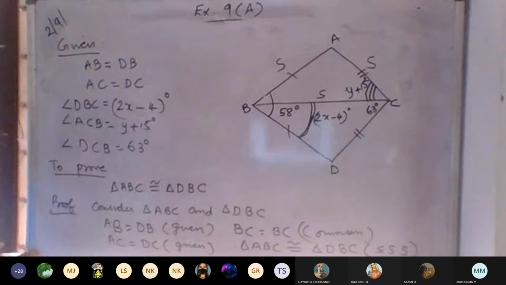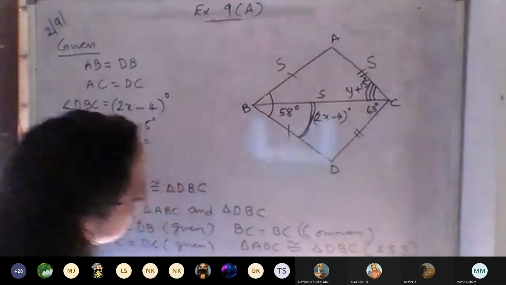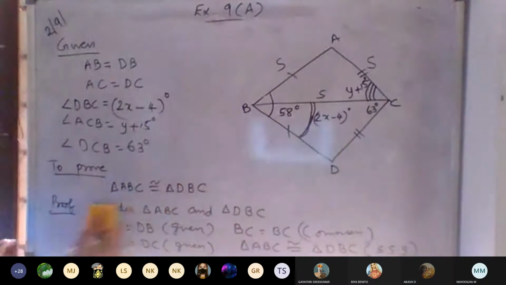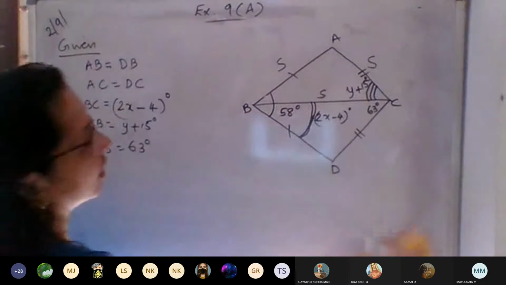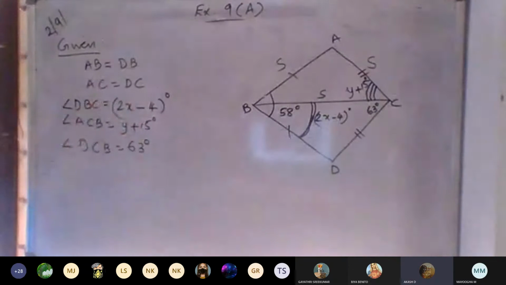We got that. Then we can say, these two triangles are congruent, so check the angles. Which are the corresponding angles? Which are the corresponding angles in these two congruent triangles? 58 is equal to what?